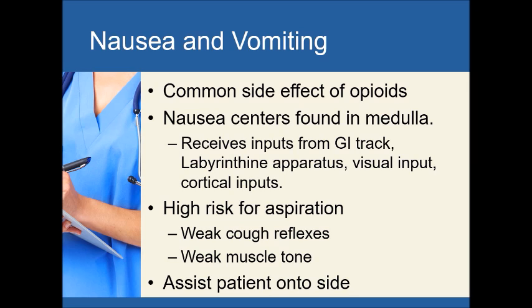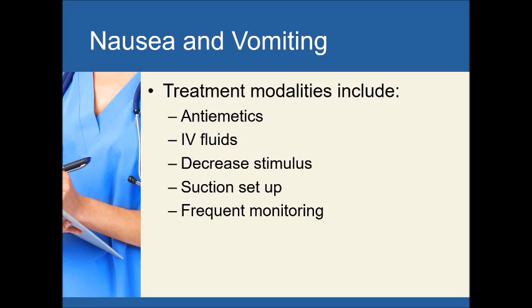When that happens, ensure that the patient is turned to the side and given proper antiemetics as a treatment modality. IV fluids, because as the patient vomits more and more, he's going to lose more fluid, so we need to replace those since the patient is unable to take them by mouth. Try to decrease the stimulus, either auditory or visual, which can help with the nausea.